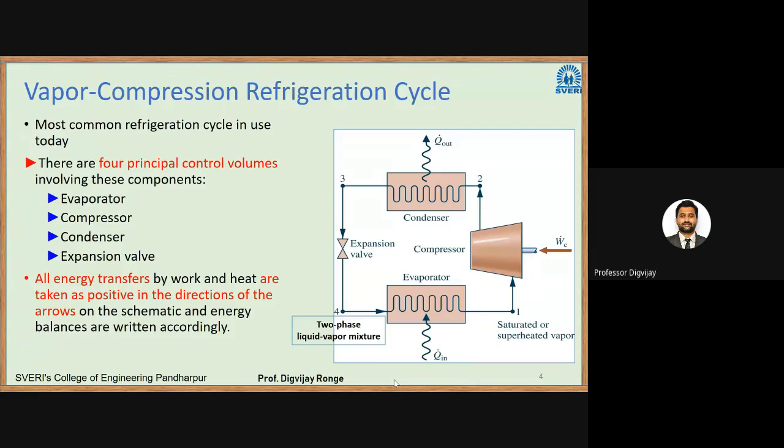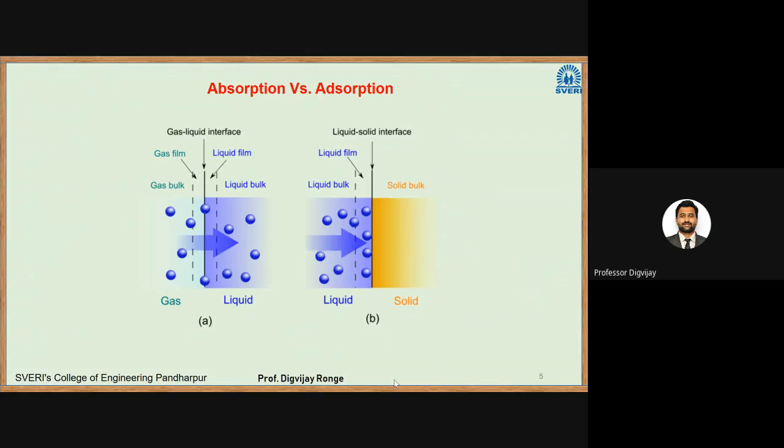So before going to the VRS, I have explained to you this phenomenon of absorption. You have already studied this in your high school, absorption and adsorption. This was in chemistry. So absorption means when a gas is absorbed, or that gas diffuses inside a liquid. All this, what you see on the left side, this figure.